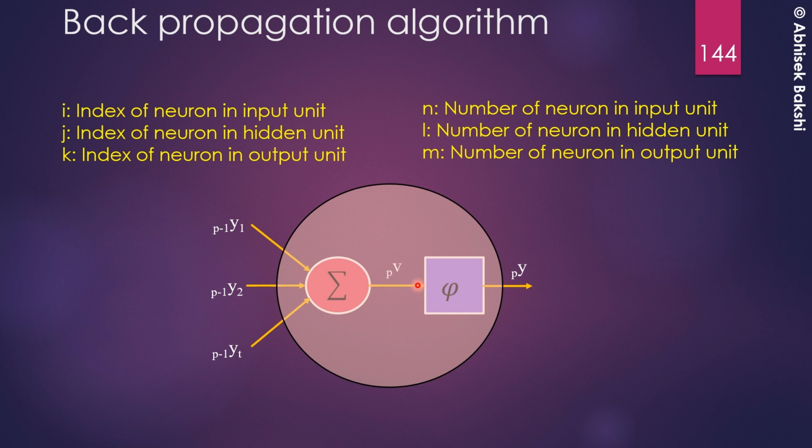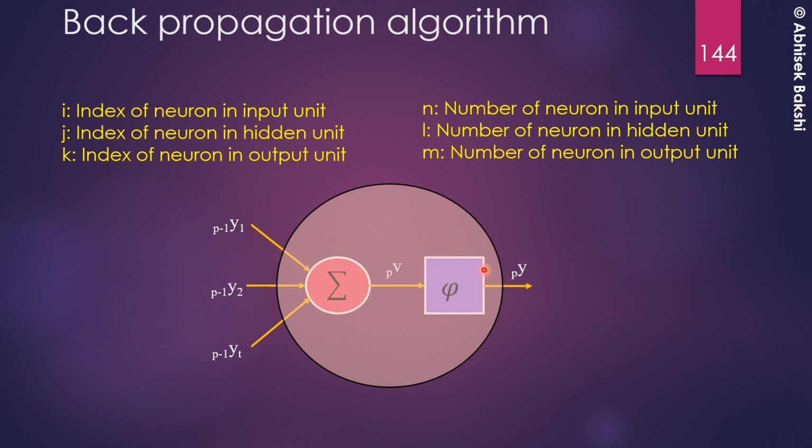We have already seen it in previous classes. So assume that we have a sigmoid activation function here, and as a result, this particular neuron of the pth layer will produce some output which is again y, but it is yp because it is an output of the pth layer neuron. It's not p minus 1.